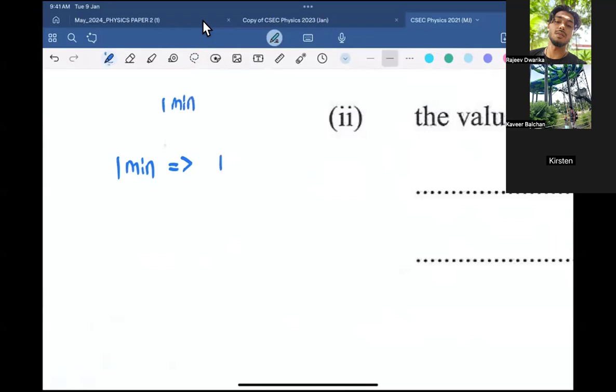One. Now if the periodic time is 10 seconds, I decrease my periodic time. What that means is it's taking less time to complete an oscillation. So in 1 minute now, how many oscillations are you going to have? Six.